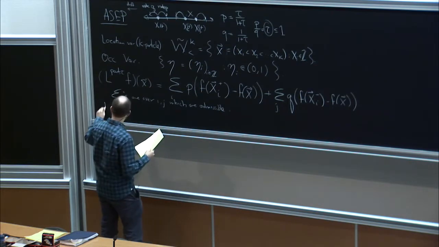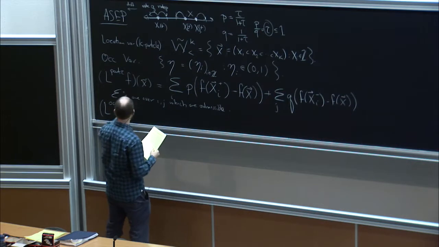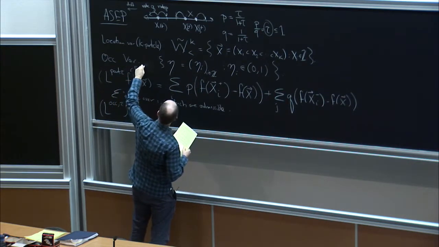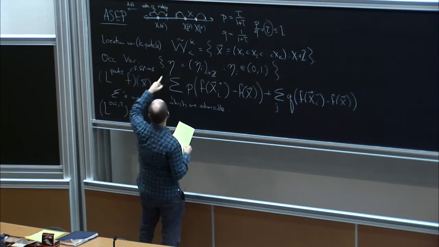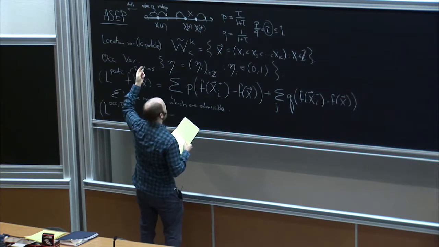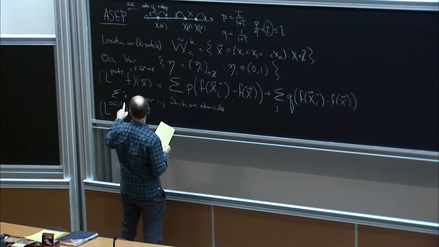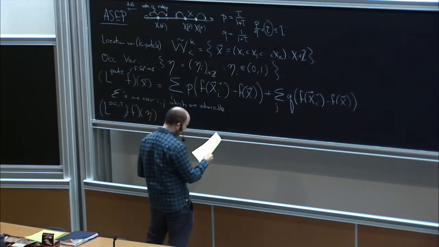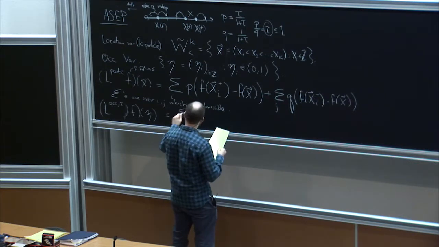Okay, and the occupation generator, so I'll still write it acting on f, but here f should be a function on this state space, which I haven't written down an expression for, to the complex numbers, let's say. So this is now going to be a function of the etas, and here you can actually write this down in a simpler way.